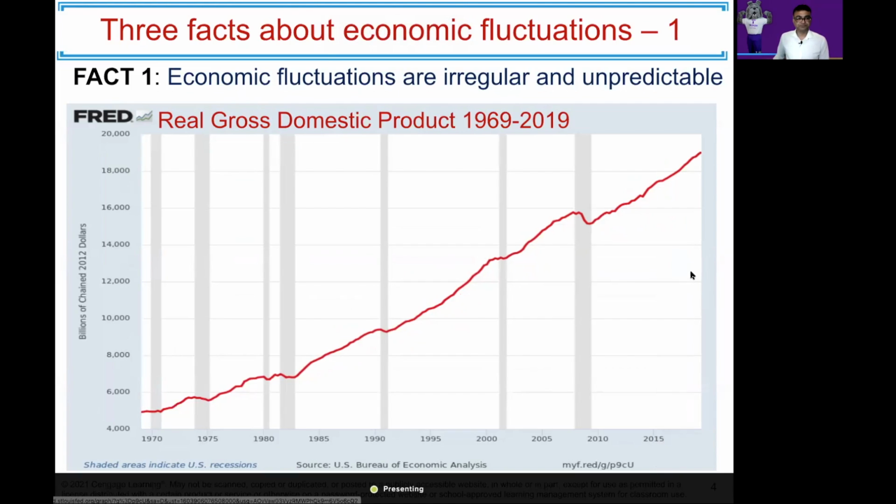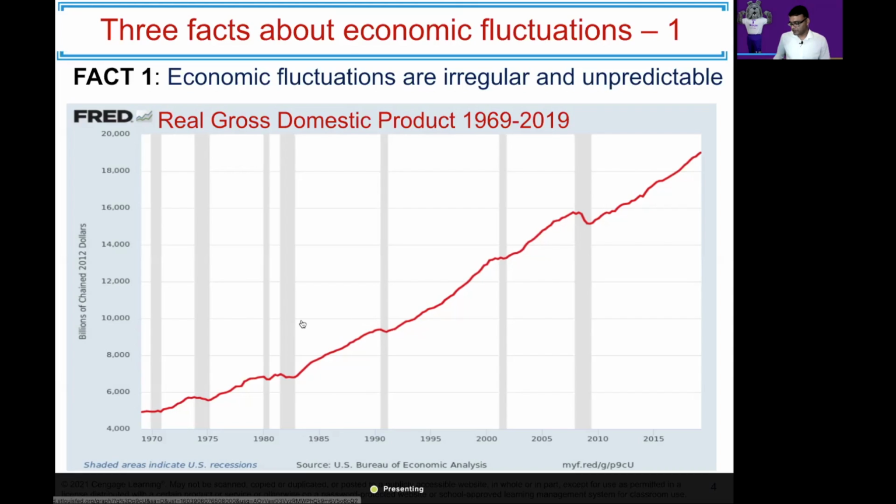So here, this shaded bar shows your recessions. So these are the recessions. And you have different durations, and they do not occur regularly.